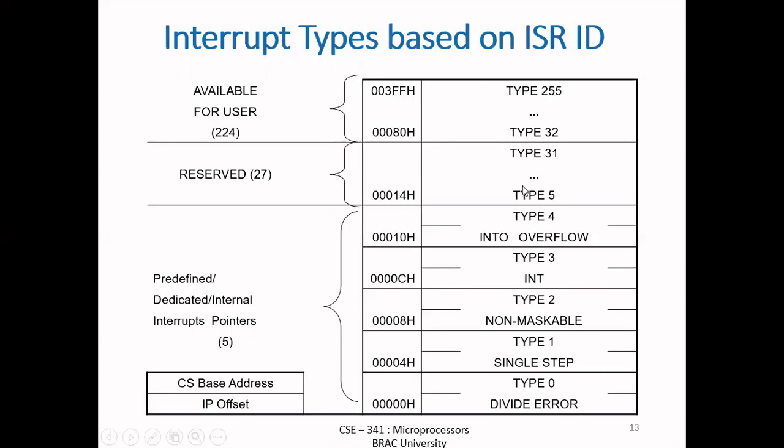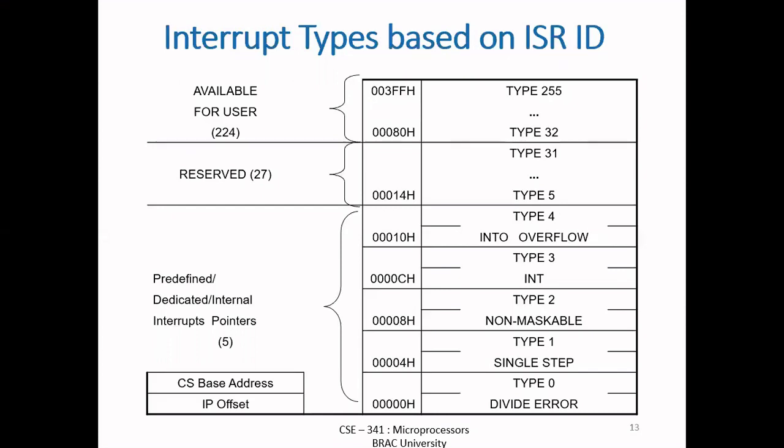Again, interrupts from type 5 to type 31, these 27 interrupts, are reserved by Intel for use in more complex microprocessors, whereas we are studying the 8086, right? We will later study the 80286, 80386, 80486. These are the updated, more complex, more recent microprocessors.